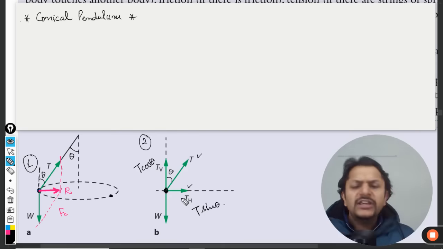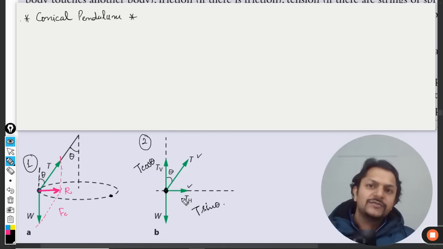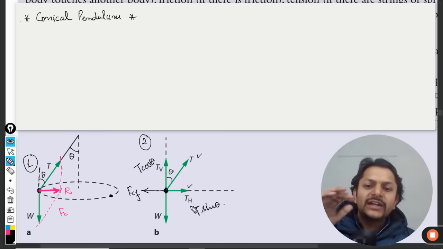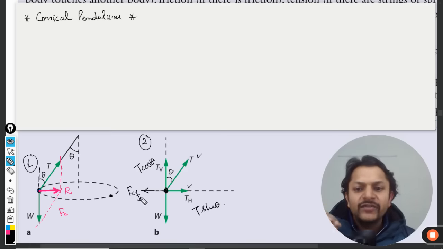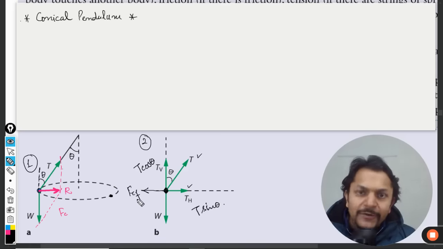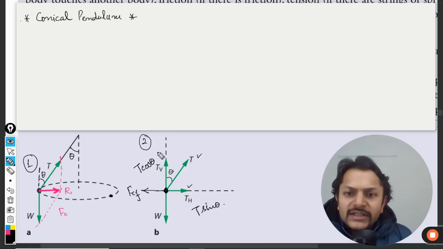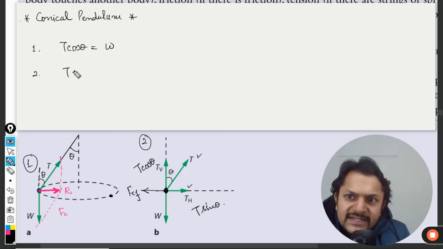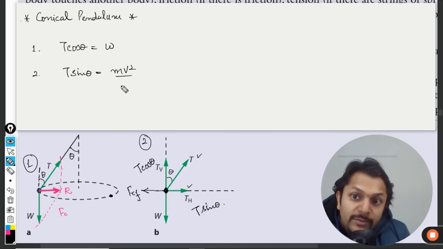Well, only if you do not consider the existence of centrifugal force. If we consider a centrifugal force, we can say that this is actually equal to the centrifugal, and so you can clearly see that T sin theta will be equal to mv squared by r. So in this, the first equation will be T cos theta is equal to W, and equation number 2 will be T sin theta is equal to mv squared by r.